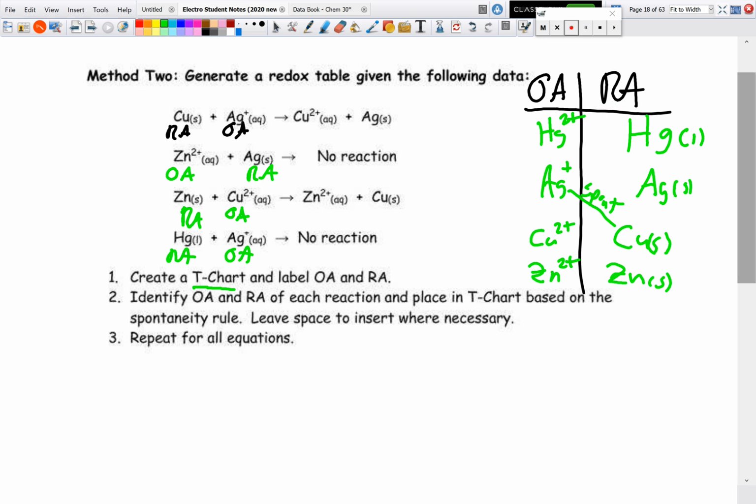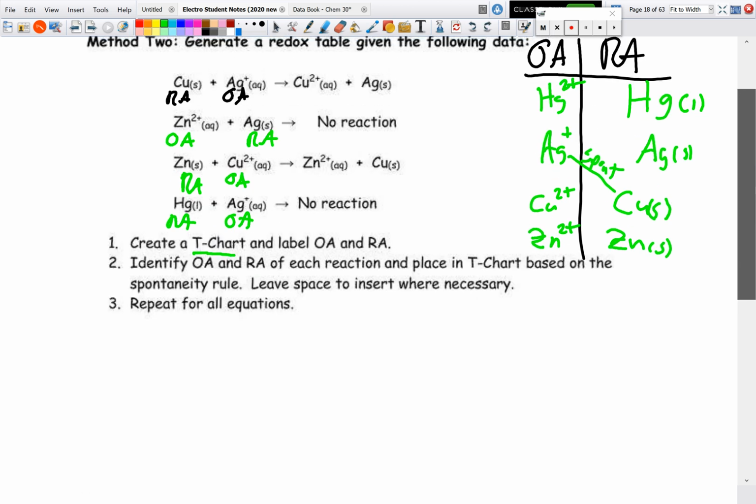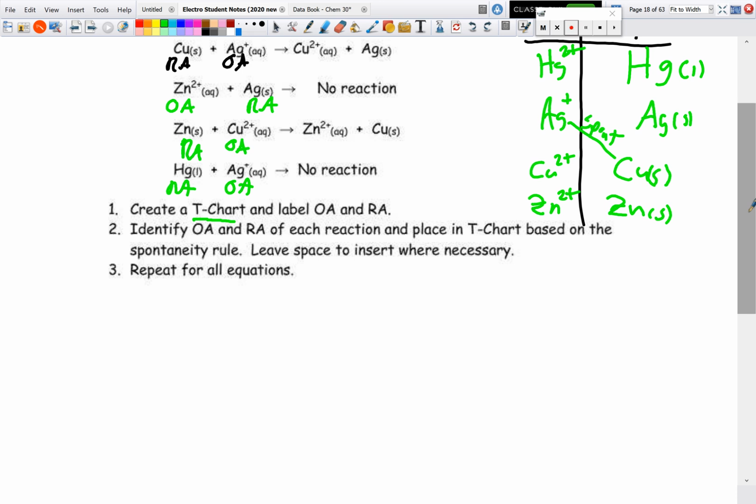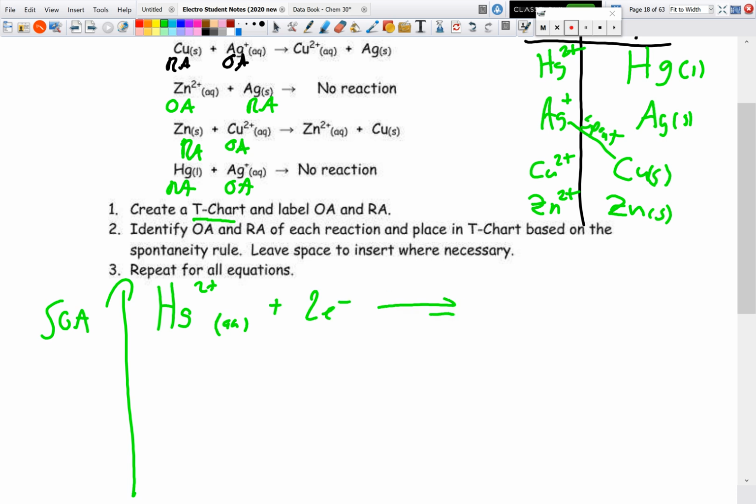So now that we actually have the general position on where everything is, now we can actually create our table of half reactions, right? Where you know our strongest oxidizing agent is going to be at the top left, and that is our mercury 2+. I chose 2+ because that was the most common charge for mercury. So its reduction half reaction looks like that. Use a double arrow. We go Hg liquid.